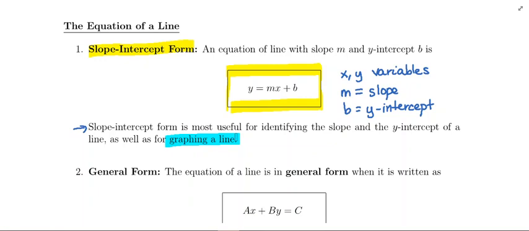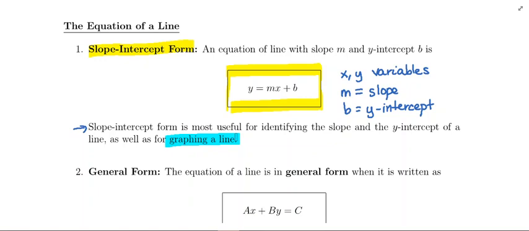Now remember, you only need 2 points to determine a line. So one of your points is the y-intercept. Then you can identify the m value, the slope value, and that's your rise over run. It tells you how to move from the y-intercept. So if you start at your y-intercept and you apply the rise over run, that's going to take you to a second point on the line. And then your line will just go through those 2 points.